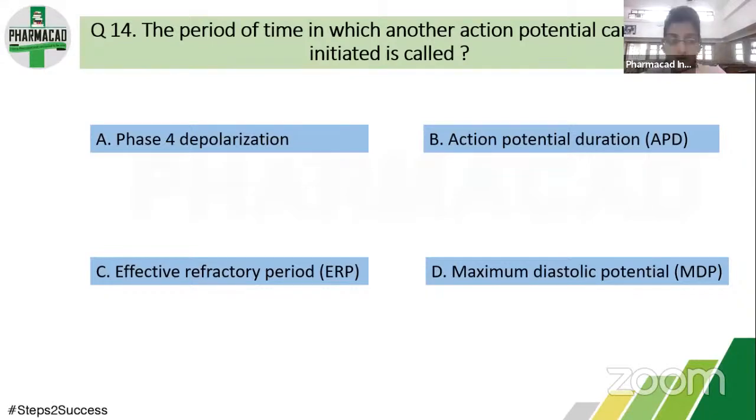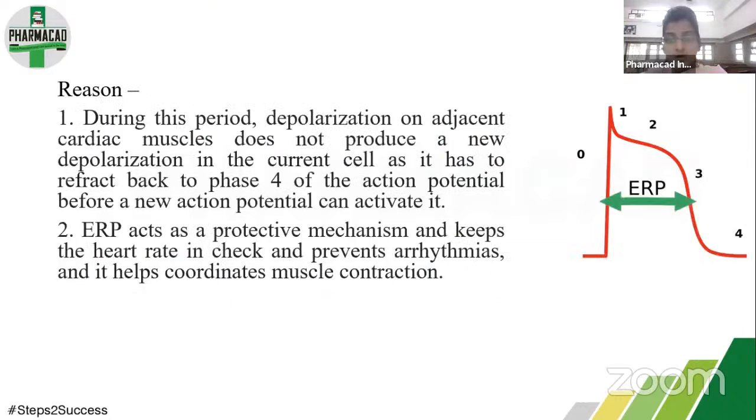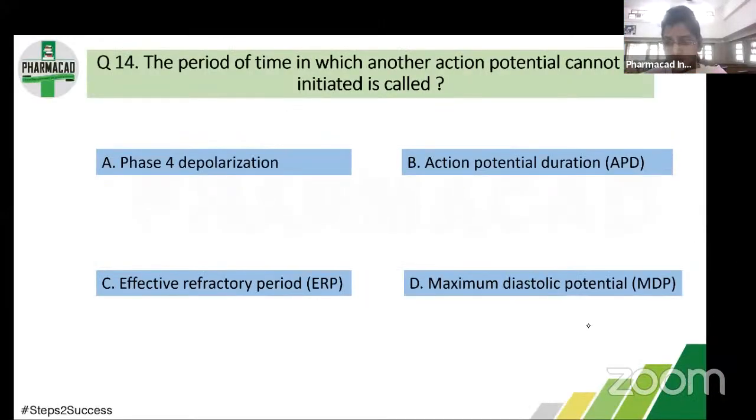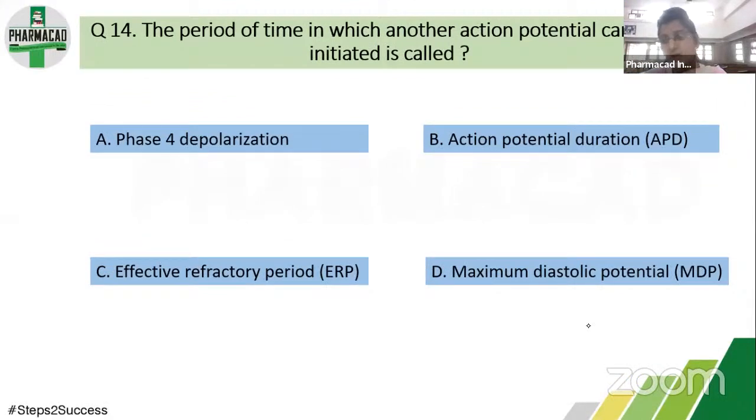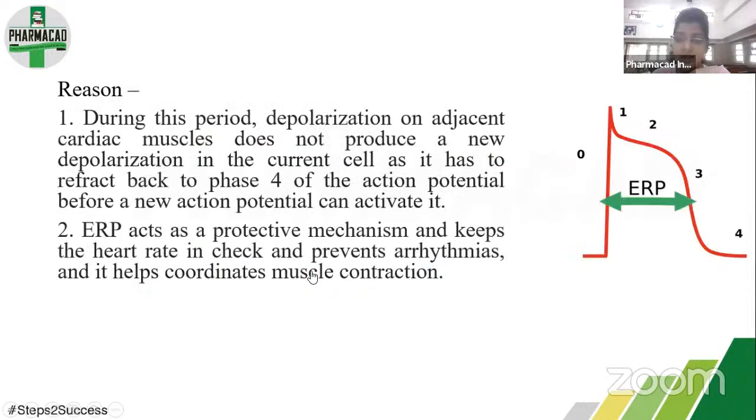So if you remember your action potential, you see the distance or the time between the depolarization and the repolarization phase, that is between a single action potential. It is called effective refractory period, and it is this time when no other action potential can be generated, and hence it's a mechanism to stop generation of another action potential.